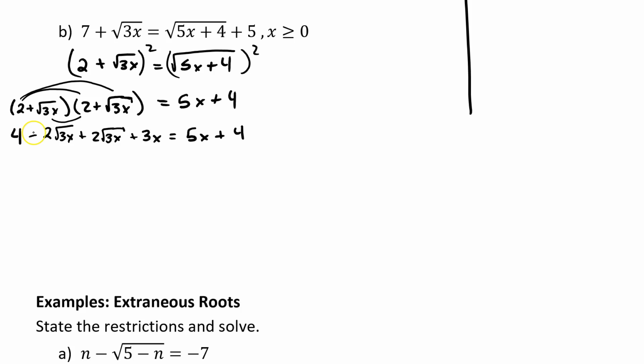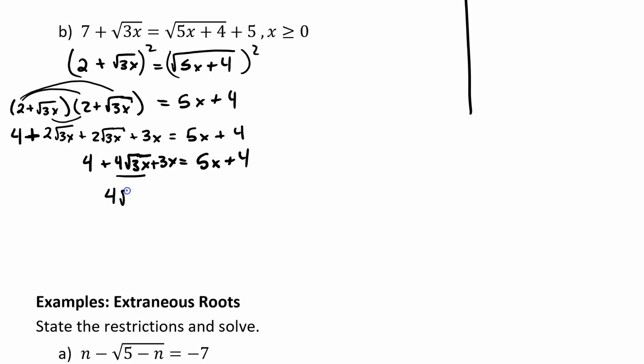Oh, that's funny. That addition sign didn't take. There we go. Plus. So that becomes 4 plus 4 root 3x plus 3x equals 5x plus 4. Now we want to isolate the radical again. So I'm going to subtract 3x from both sides, and I'm going to subtract 4 from both sides.